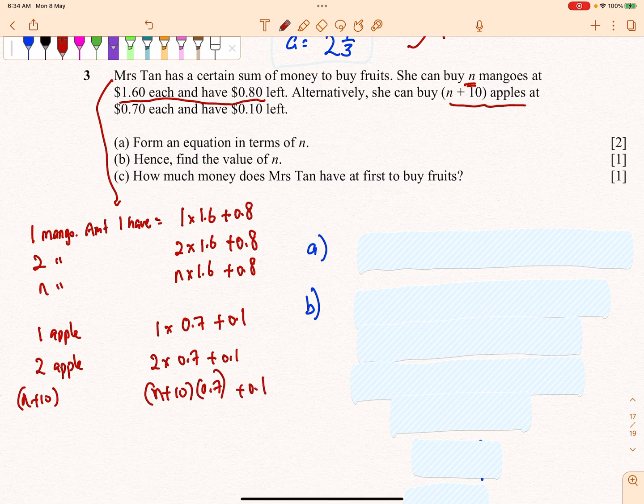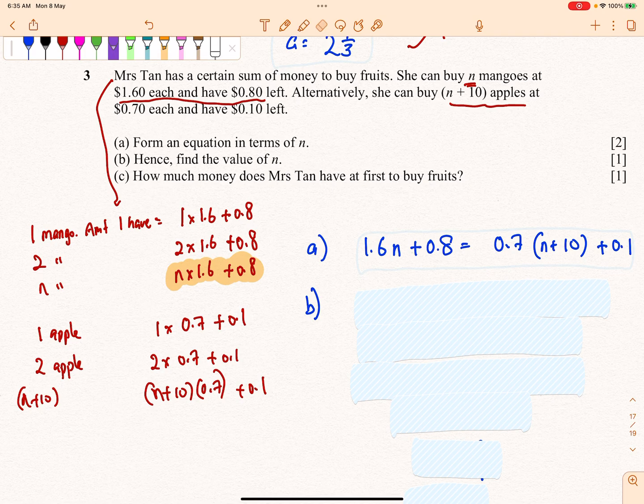So the amount I have should be the same. So this orange and this orange should be together, should be the same thing, right? And this pink should look something like this.